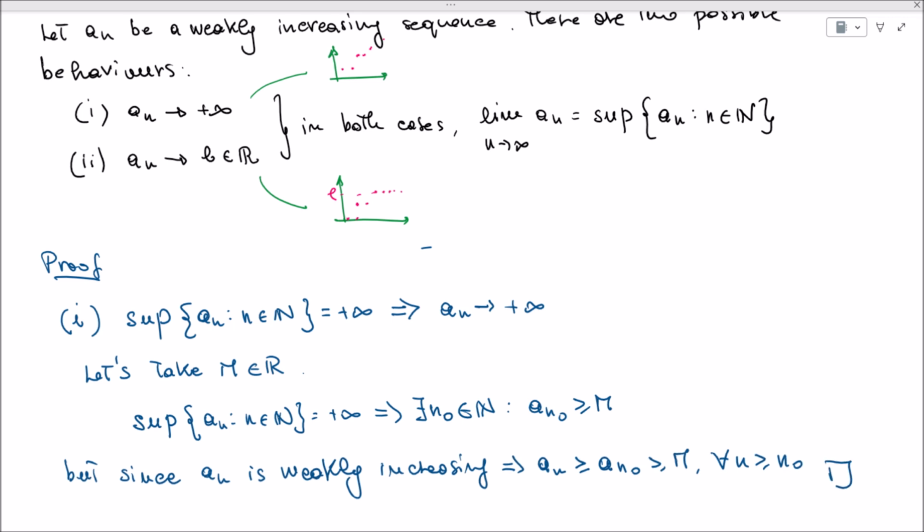So that implies that an will diverge to plus infinity. This is nothing else than the definition of a divergent sequence to plus infinity.